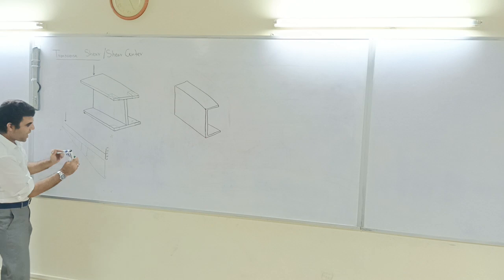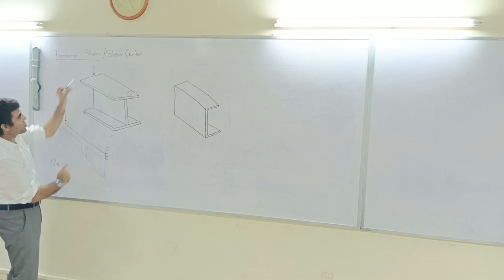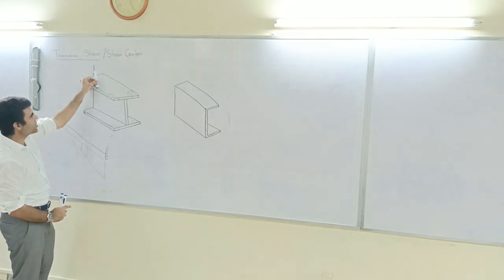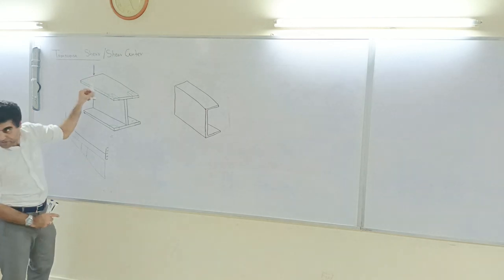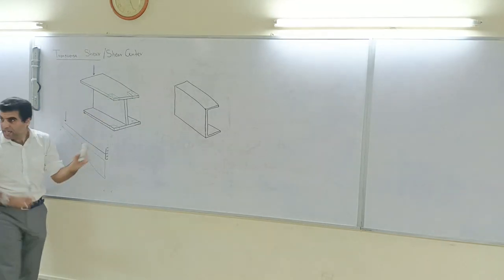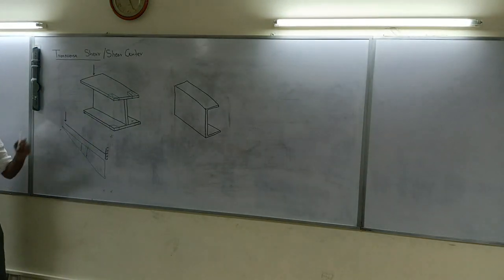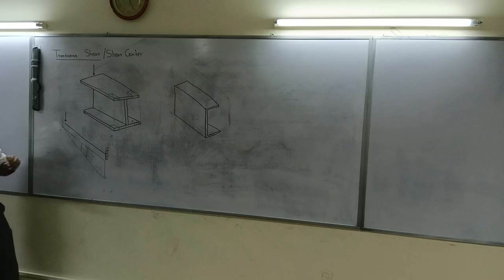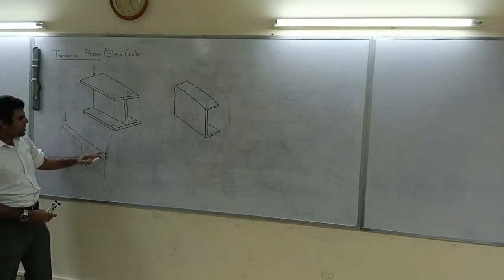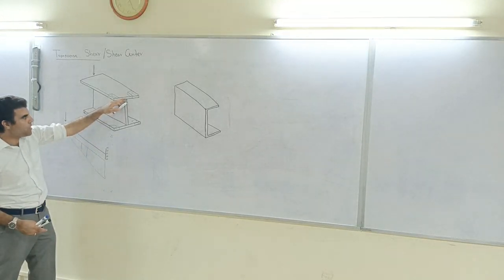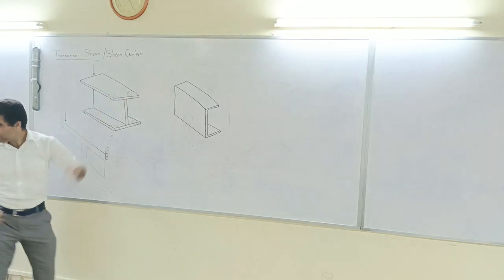Do you understand why? Because as I've shown you, the moment over here is bigger than over there. So if you are closest to the load, the moment is smaller. If you are closest to the support, the moment is bigger. So that tells me this end will be in tension.